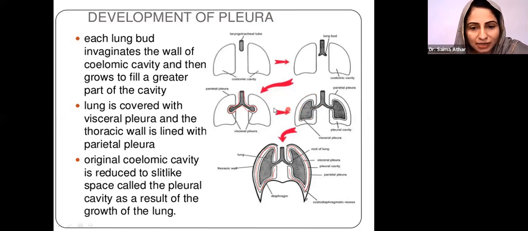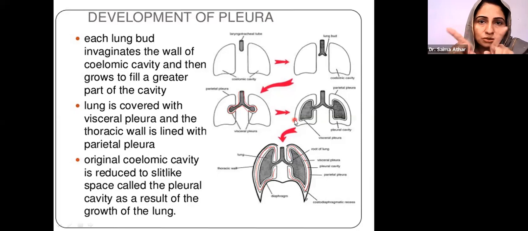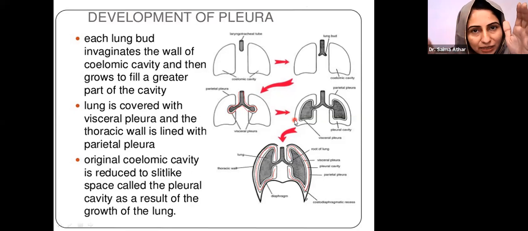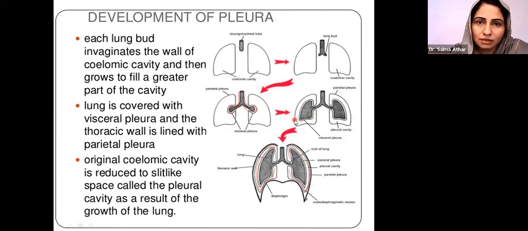Now, how do we say that the visceral pleura arises from the splanchnic layer and the parietal pleura arises from the somatic layer? Remember that these two layers are in continuity. They divided from the lateral plate mesoderm. When this divided into somatic and splanchnic layers, the splanchnic turned toward the endoderm and the somatic turned toward the outer or amniotic cavity.